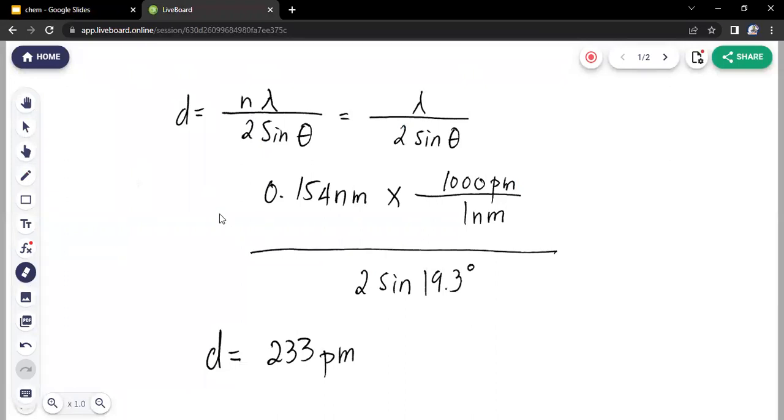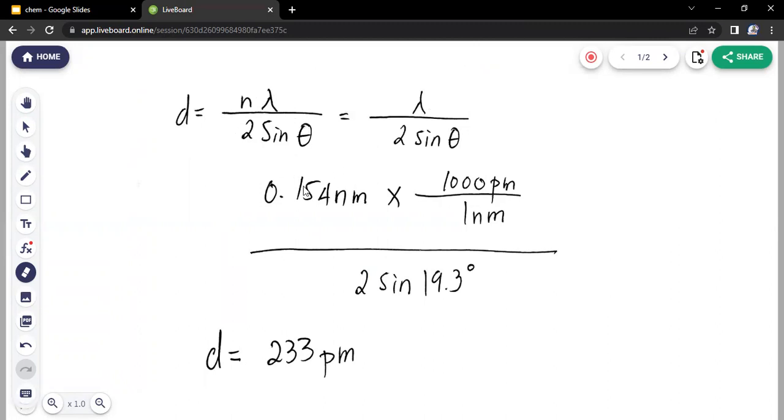Since n equals 1, you just omit the n and proceed to the lambda unit over 2 sine theta. So, substitution, we will have the following values.